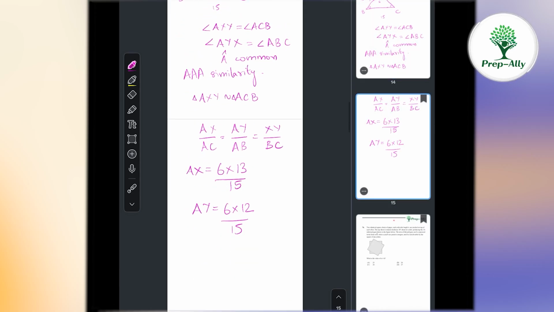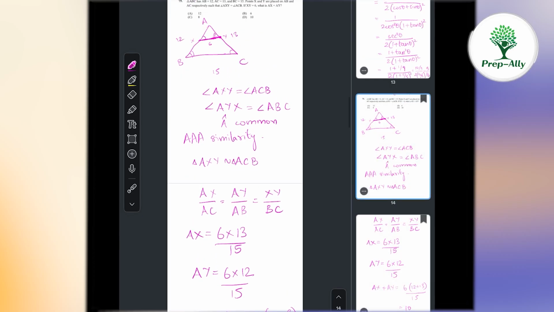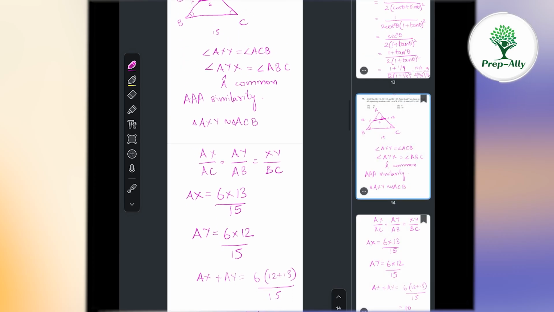We're asked what is AX plus AY. So AX plus AY equals 6 times (12 plus 13) by 15, which equals 10. So the answer to this question is option D, 10.